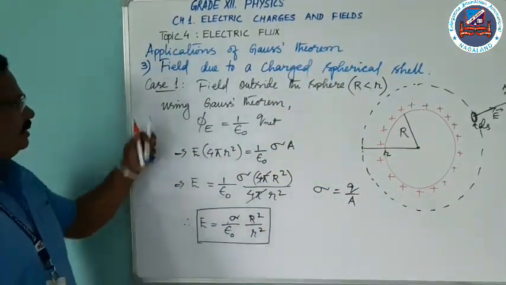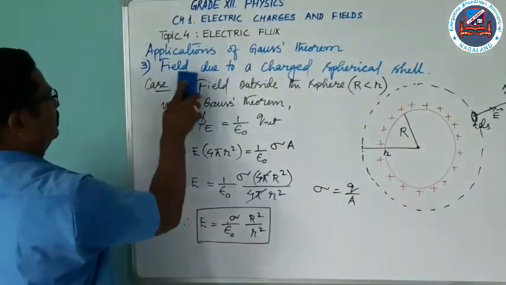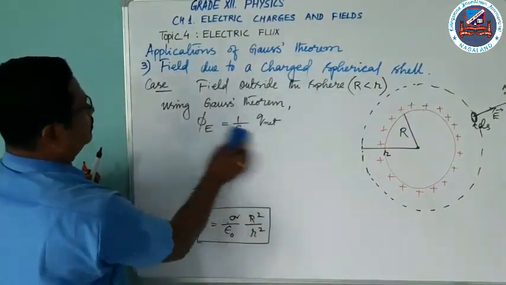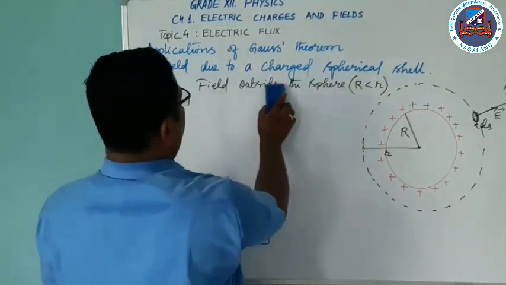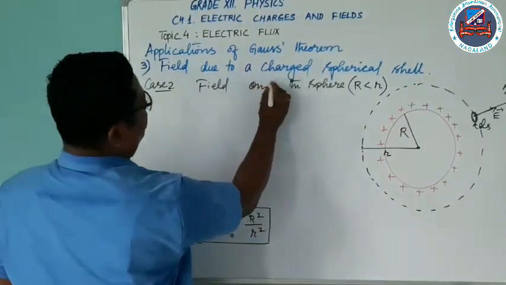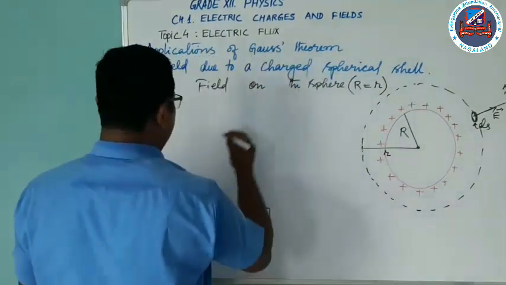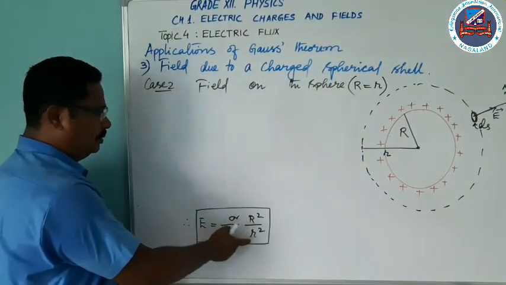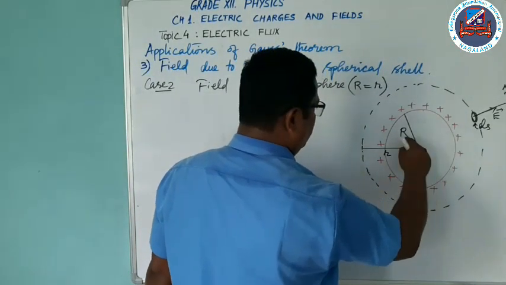Now let us see the second case, that is case 2. Field on the sphere, that is R and r both are equal. So in this case, from this, if you can remember, you can write down if capital R and small r both are equal, that means this surface is brought here now, then both will coincide.